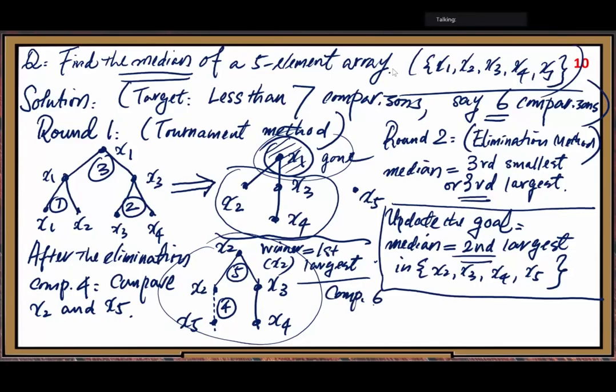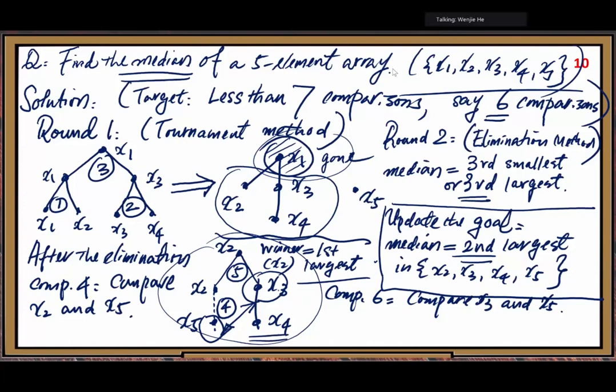The candidates for second largest: because X2 is gone, we compare X3 and X5, but not X4.